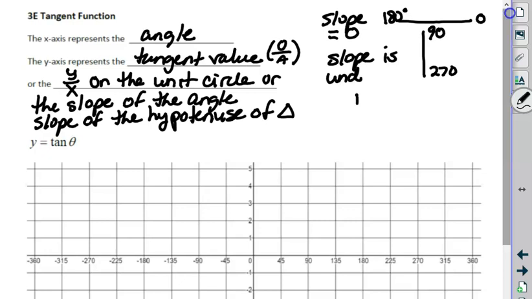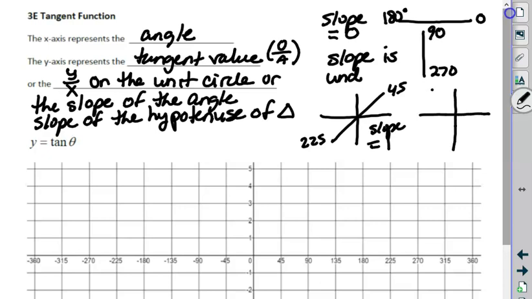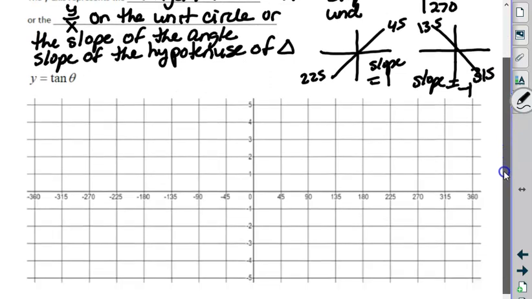And then at 45 and 225, slope equals 1. And at 135 and 315, slope equals negative 1. So these are the key points that I'm going to be putting on my tangent graph.